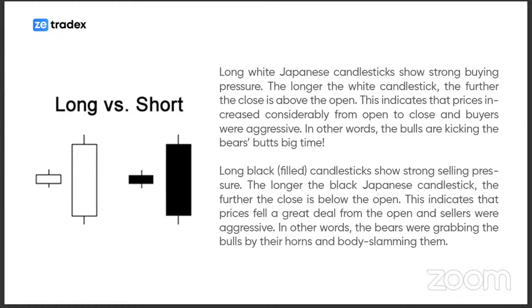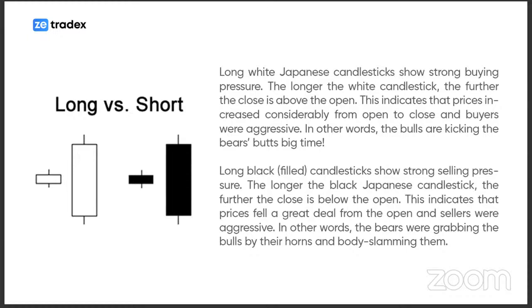And similarly for a bearish candle, if a lot of traders around the world are clicking on the sell button, you see a lot of selling pressure. It is all represented on each candlestick. So, showing strong selling pressure, the longer the black Japanese candlestick, the further the close is below the open.